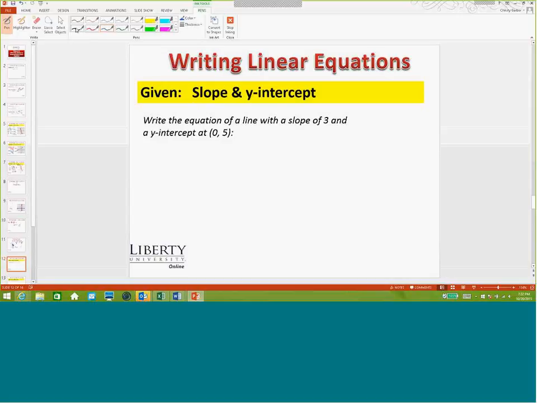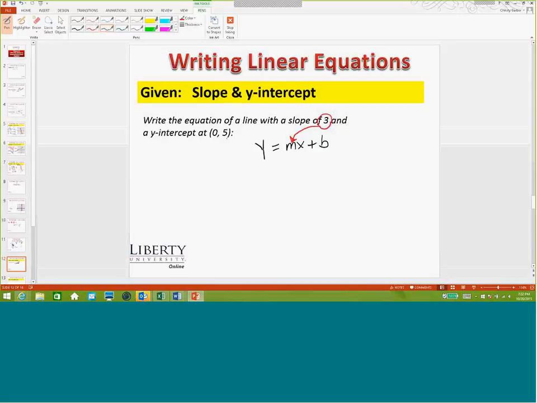Well, this is very basic because I know the slope-intercept form is y is equal to the slope times x plus my y-intercept. So basically all I'm going to do is plug in my slope of this particular line, which is 3, in place of m in my slope-intercept form.